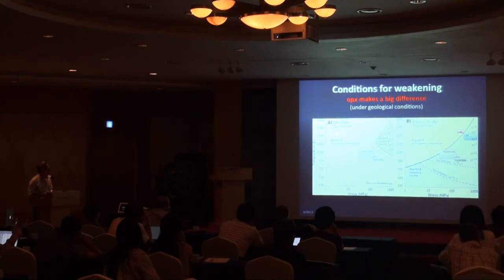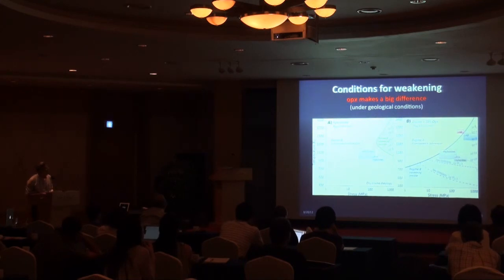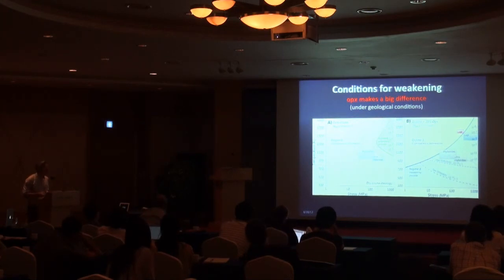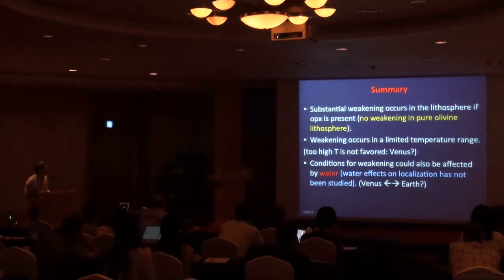Under relatively low temperature and high stress conditions, yes, we did see localization. We can also explain naturally occurring shear zone rocks with OPX and olivine, but the pure olivine model cannot explain natural rocks. So this is an indication that in order to understand shear localization, you need not only the diffusion and dislocation creep competition, but also the influence of grain growth, to which OPX makes a huge contribution.